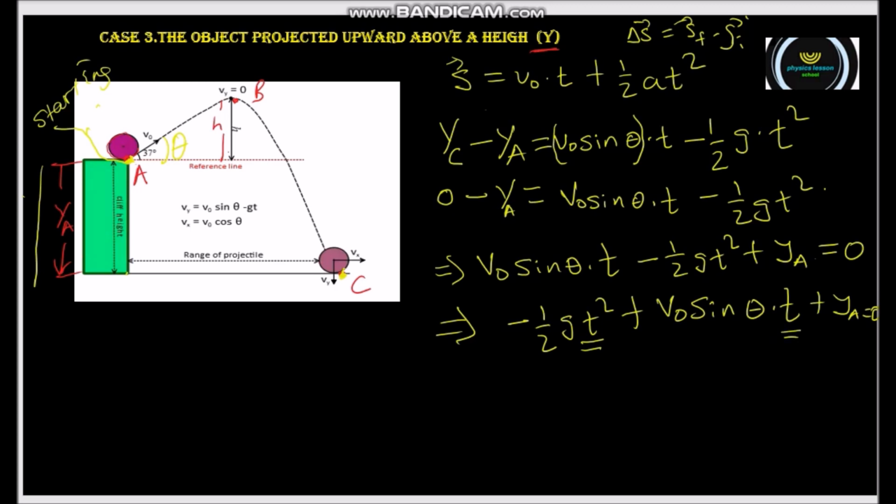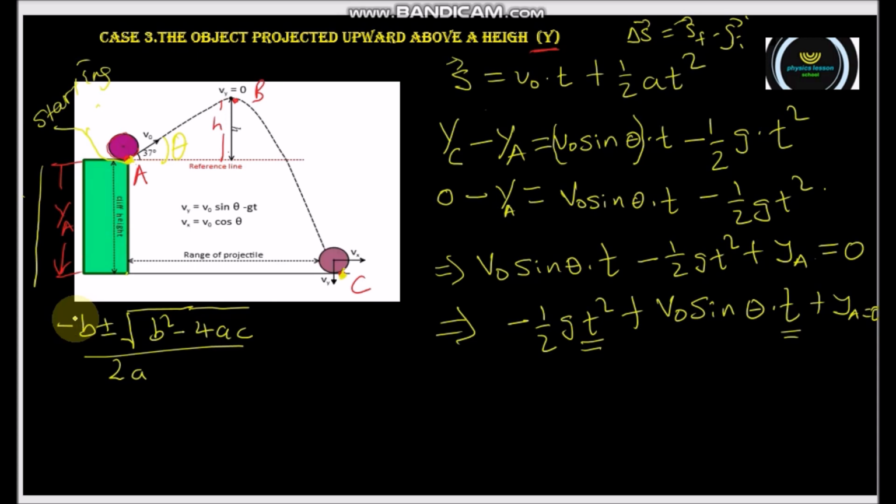To find the value of t, we use the quadratic formula: minus b plus or minus the square root of b square minus 4ac over 2a. You know this in your mathematics. So we are finding the value of t. To find it, we have to put each value into the quadratic equation.